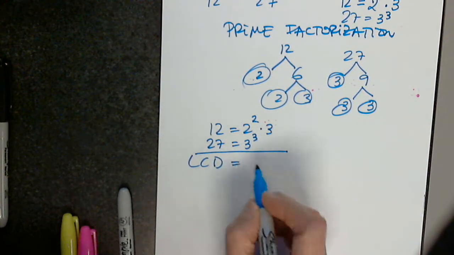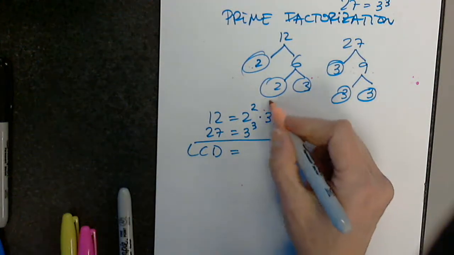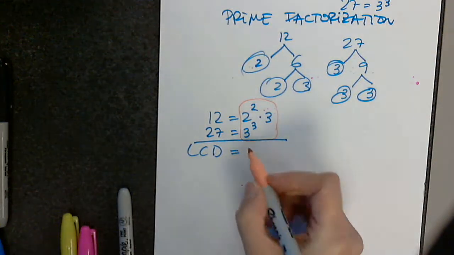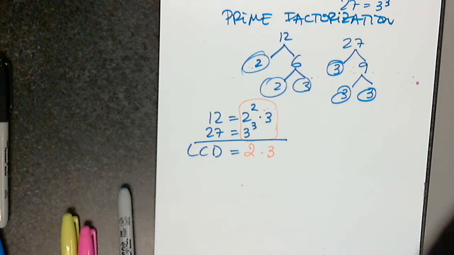Now I try to find the LCD. So now, how many different factors do I see in that pink, orange box? How many different prime factors do I see? 2. So I only see 2 and I only see 3. Now I have to discuss their exponents.